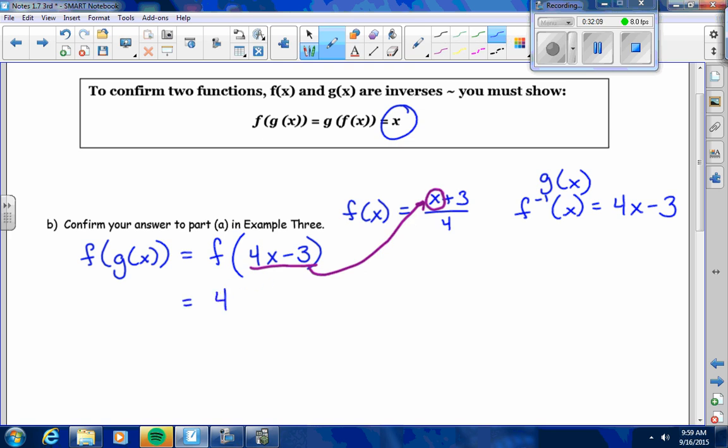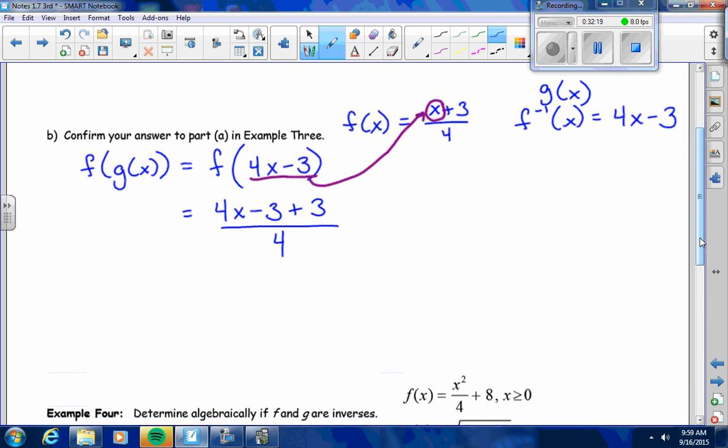So I'll have (4x minus 3, then I finish it off, plus 3) divided by 4. Now we simplify. Negative 3 plus 3, those cancel to 0. So I have 4x divided by 4. The 4's cancel, and we're left with x. So that one worked. That simplified all the way down to x.